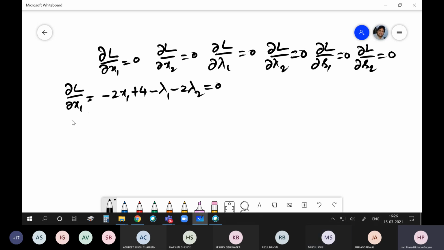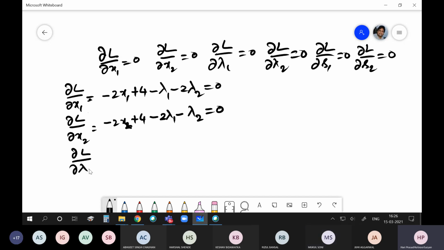Okay. What is dou L by dou x2 equals to minus 2x2 plus 4 minus 2 lambda 1 minus lambda 2 is equals to 0.